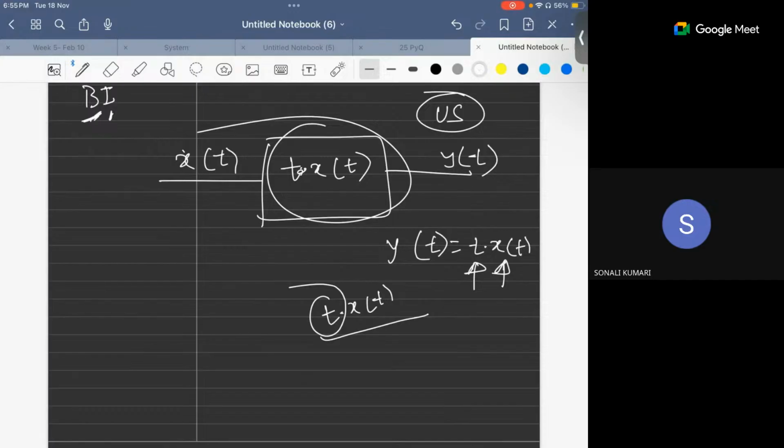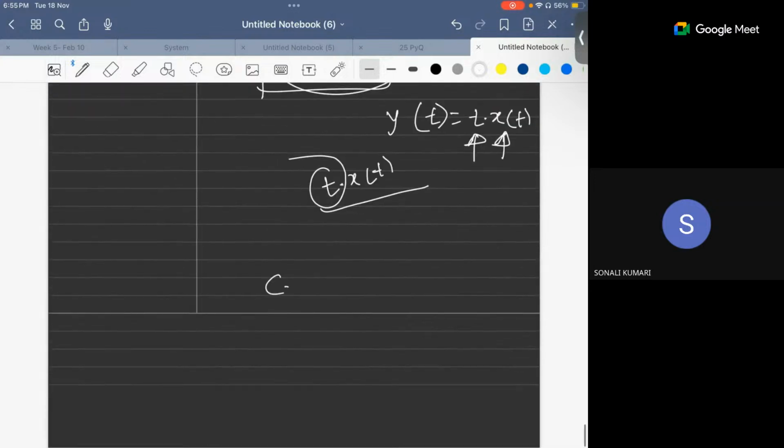Apart from this, t or anything else can be a constant. Just for example, this is a constant c. If this function was c times xt, where c is some constant, is this bounded or unbounded, stable or unstable? Stable, right? This c is some constant, like 5 or 10.